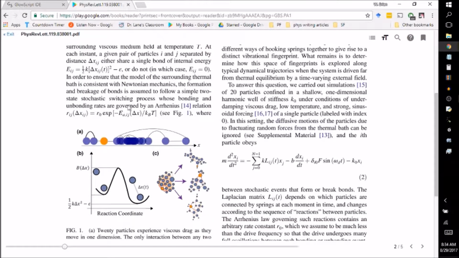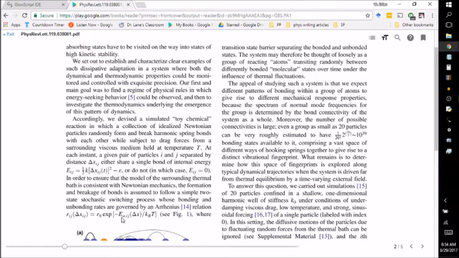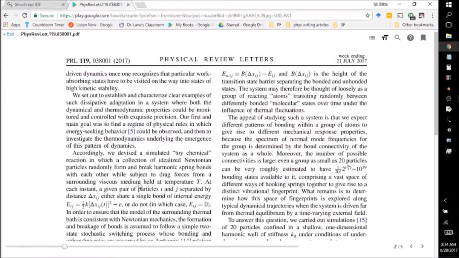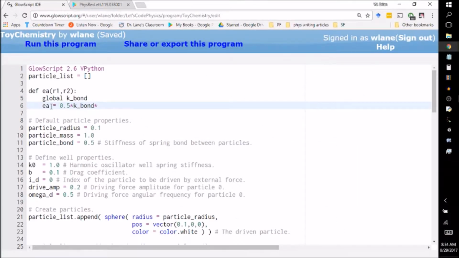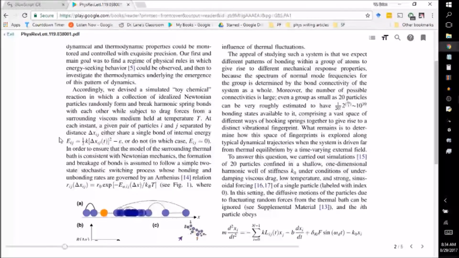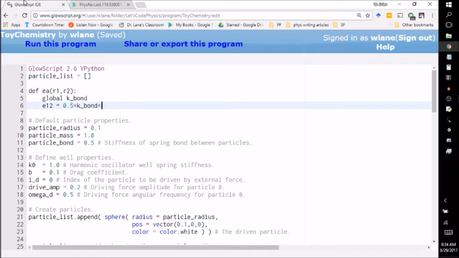1/2 K bond. And then I need the distance between, oh, oops, excuse me, I'm looking at the wrong thing. So this thing is actually this piece up here, my bad. Well, that's okay. We'll just call this one E12. That's a temporary value, because we're going to need that. So this is E12 equals 1/2 K delta x squared. So I need the difference between them squared. So I'm going to need the magnitude of R1 minus R2, quantity squared.